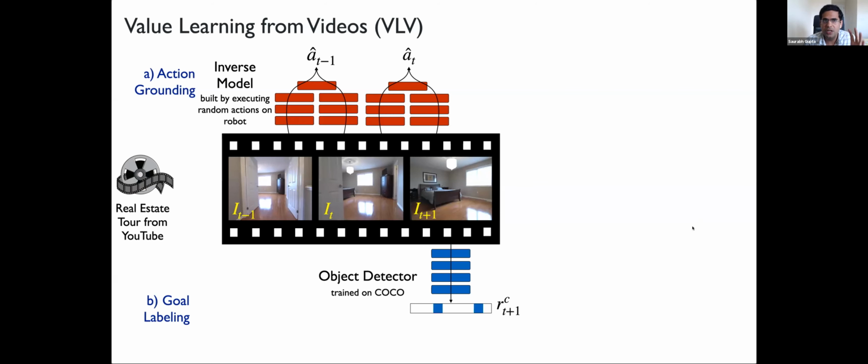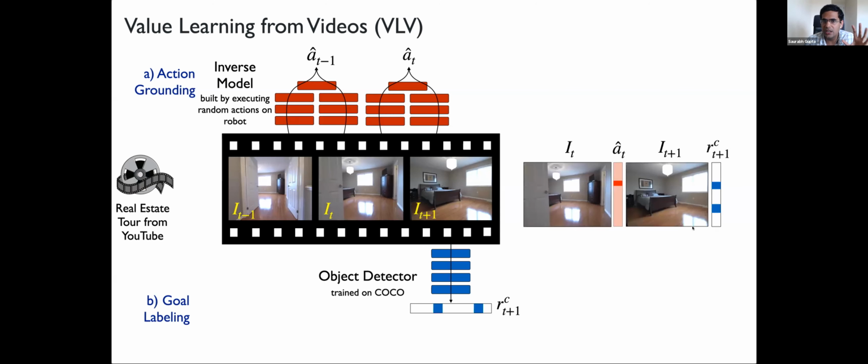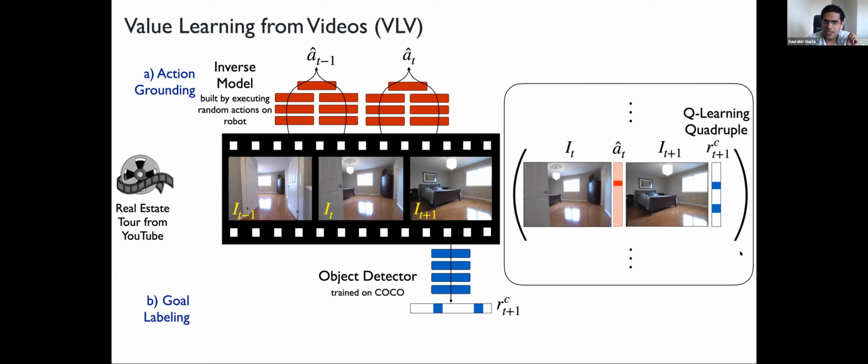With this information, we can construct data for doing Q-learning. We needed IT, AT, IT+1, and reward. These are the four things that I needed, and I can compute all of them using this inverse model and this object detector. This gives me a Q-learning quadruple, which I'm going to do Q-learning with.